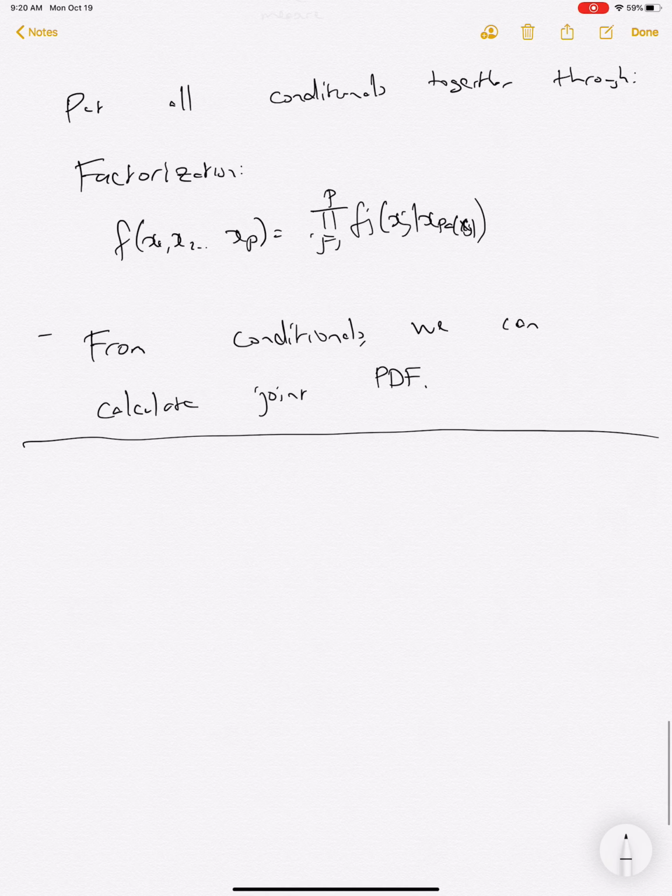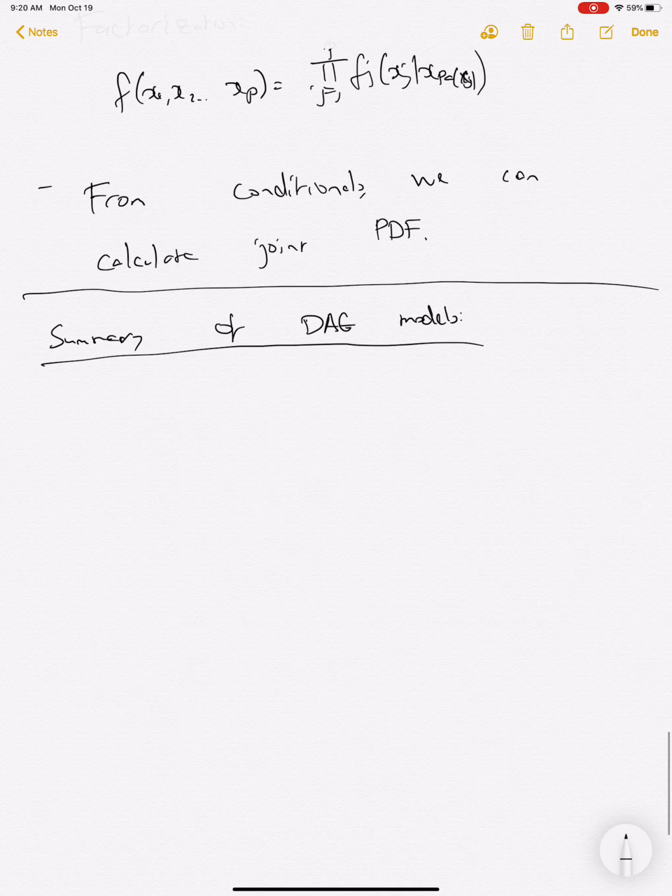So just to give a quick summary of DAG models. Returning again, a DAG model is defined by a directed acyclic graph.